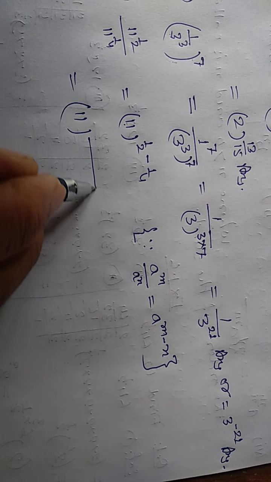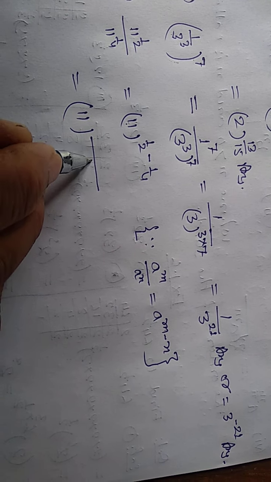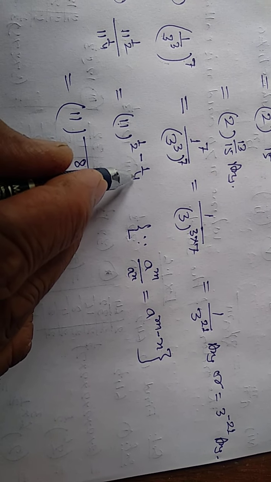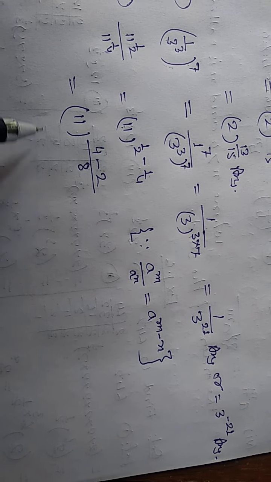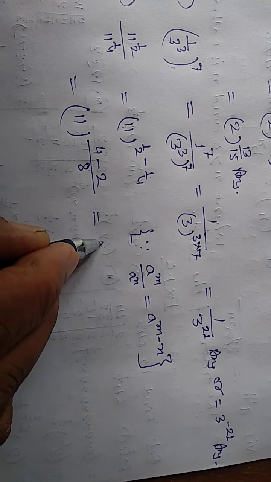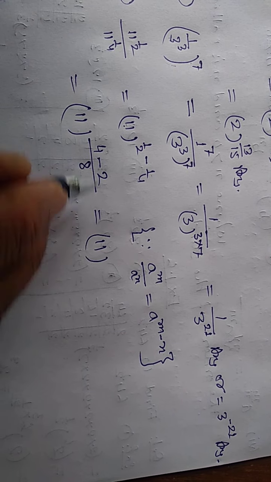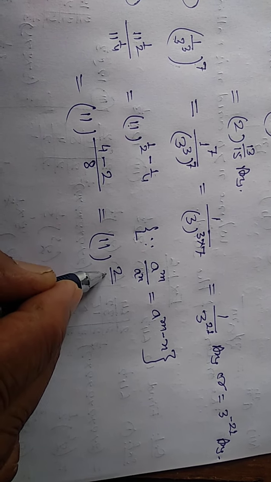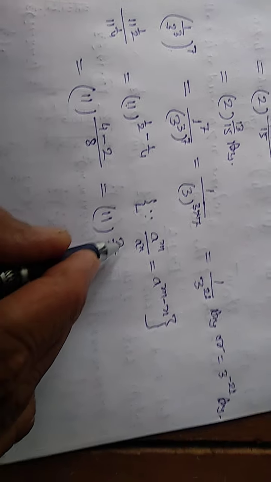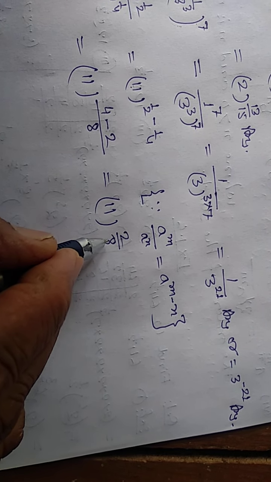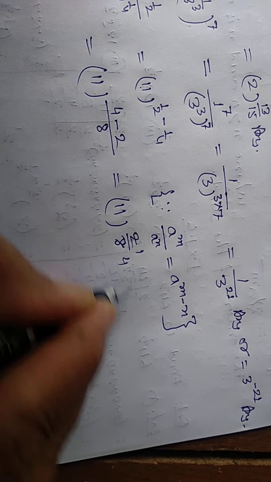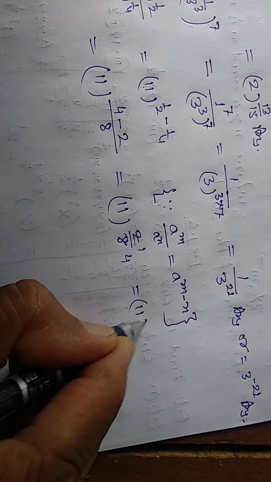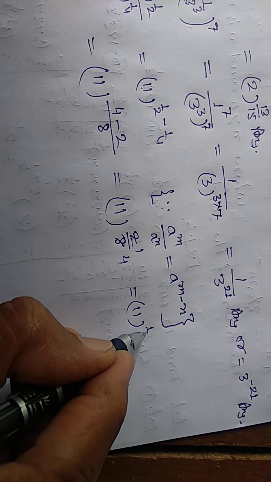Take the LCM, 2 4s are 8, cross multiply, 4 1s are 4 minus 2 1s are 2. It is equal to 11 to the power (4 minus 2) by 8, 2 by 8. Simplify this, 2 and 8 are divisible by 2, therefore 2 1s are 2, 2 4s are 8. Then it is equal to 11 to the power 1 by 4. And this is the answer.